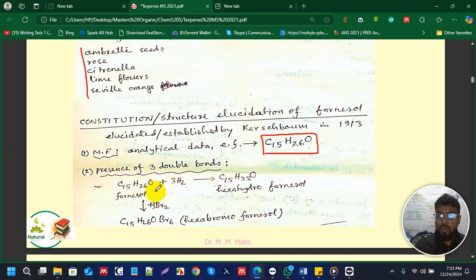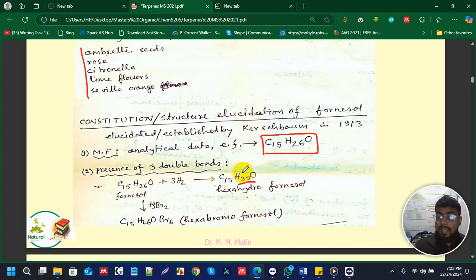C15H26O, when we add three moles of hydrogen: C15H26, that means hydrogen is 26. When we add 3 moles of hydrogen, that is 6 hydrogens, 26 plus 6 will be 32, and oxygen will be as usual, as in the starting compound.